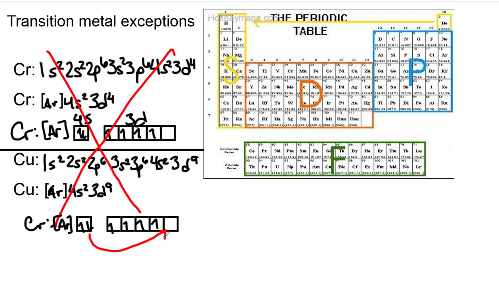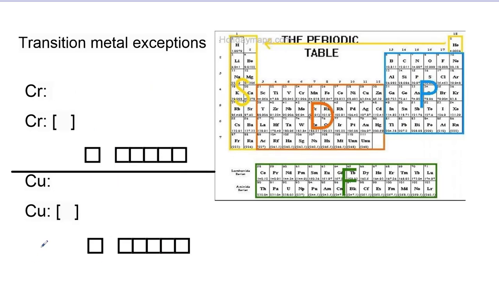This is only true when you have either 3d4 or, as we'll see, also 3d9. If you have 2 empty spots, it's just 3d3. It has to deal with having 2 empty orbitals. But if you only have 1 empty orbital here, this 1 electron will jump over, and we'll see that it's going to change what our orbital diagram and everything else looks like.